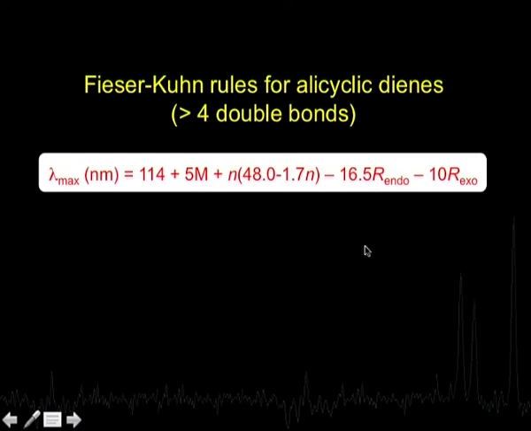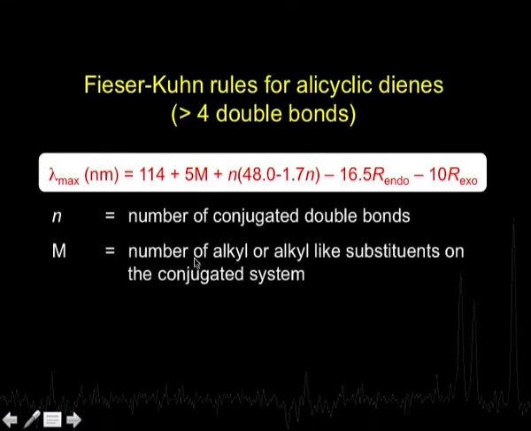Well, let us understand the meaning of this expression here. This is the base value 114, and then 5 m. M happens to be the number of alkyl or alkyl-like substituents on the conjugate system. So, that is one parameter, and this n is appearing in two places, one outside this bracket and one inside as a multiplier to this factor 1.7.